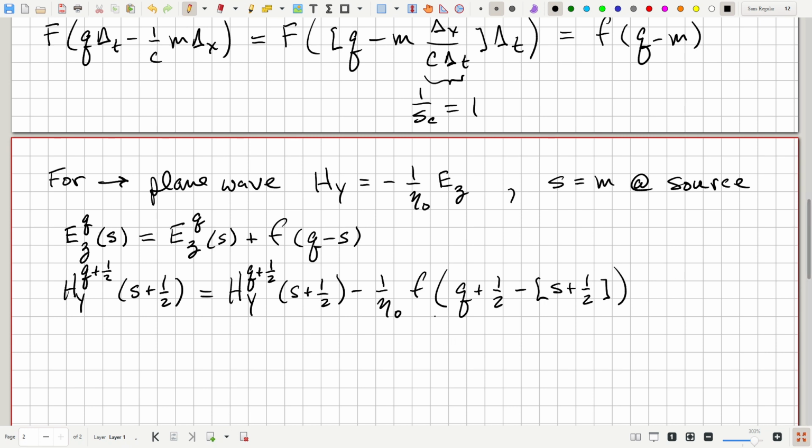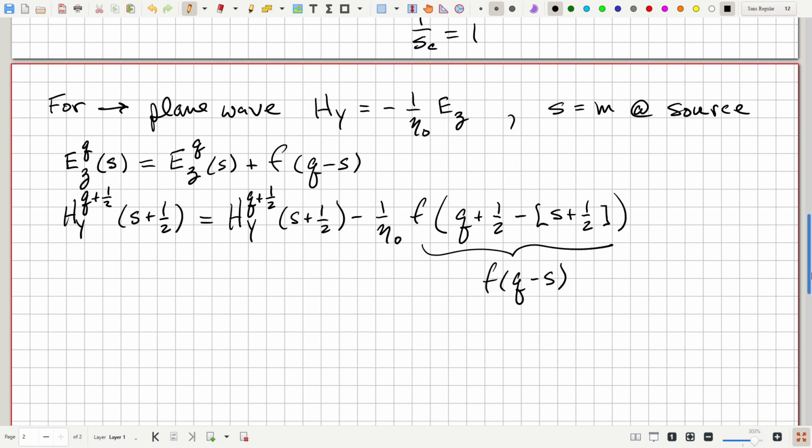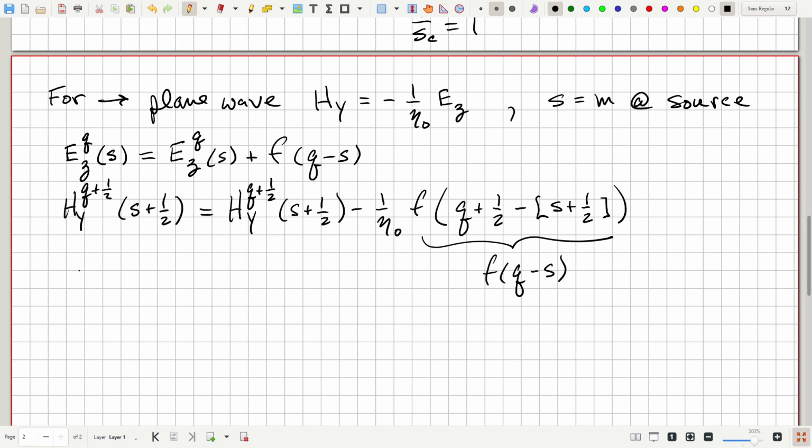And notice what happens here. 1/2 minus 1/2, that cancels out. We just get f of q minus s. So in our programming notation, we would just say E_z of s equals E_z of s plus f of q minus s.